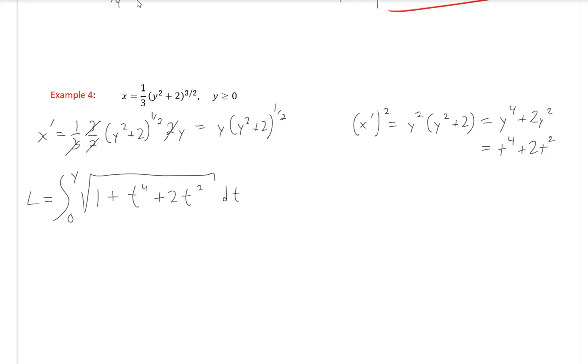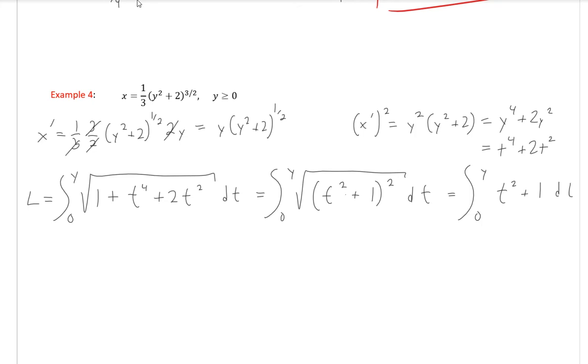This on the inside can actually factor out really nicely. T to the 4th plus 2t squared plus 1, that's going to be t squared plus 1 quantity squared. That factors very nicely. And so we get the integral from 0 to y of t squared plus 1 dt.